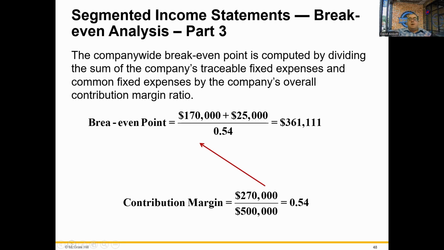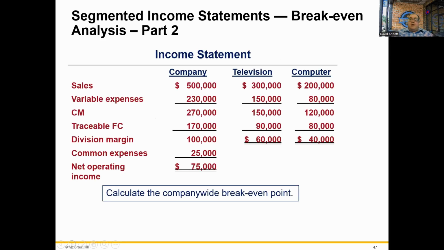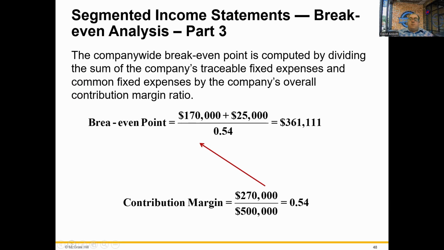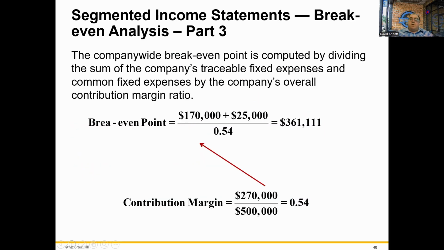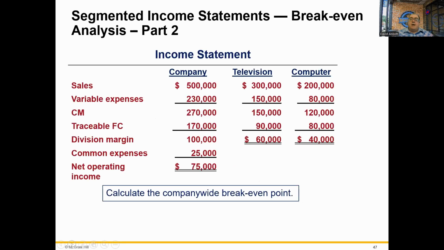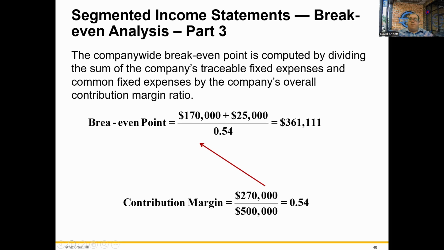361,111. So the break-even point is going to be the 170, which is the traceable fixed cost, plus 25,000, which are the common expenses, divided by the contribution margin, which is calculated to be 0.54.